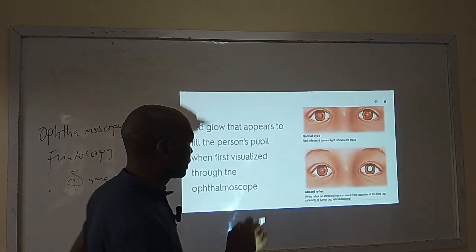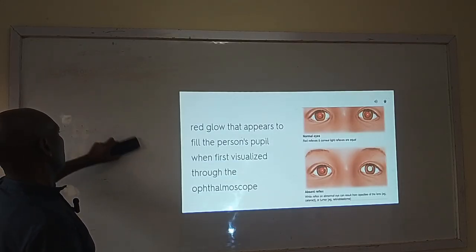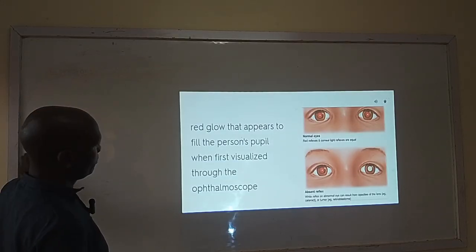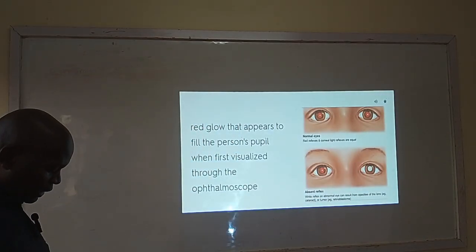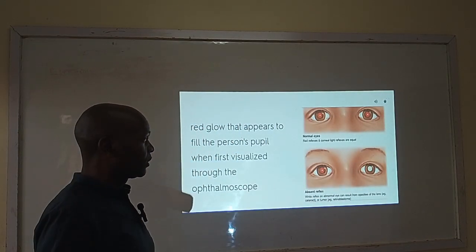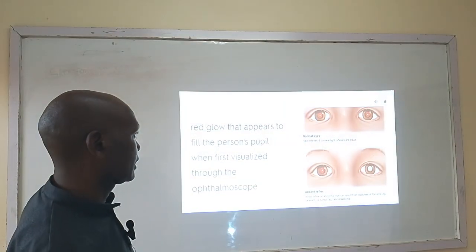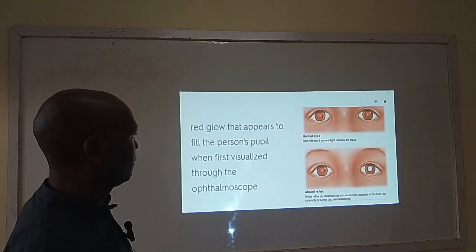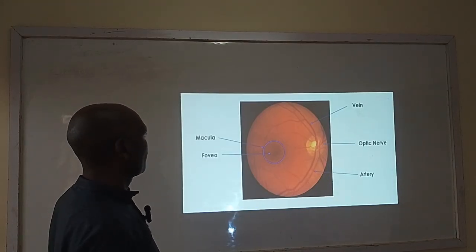It means your light is getting onto the retina, and that is the reflection. But when you do a fundoscopy and you see that whitish color, then it means you are dealing with an issue which is most likely a cataract, though there are also other causes, but mostly cataracts.